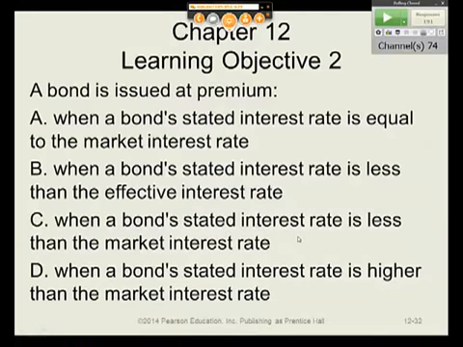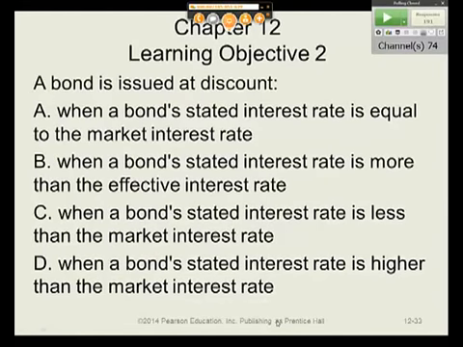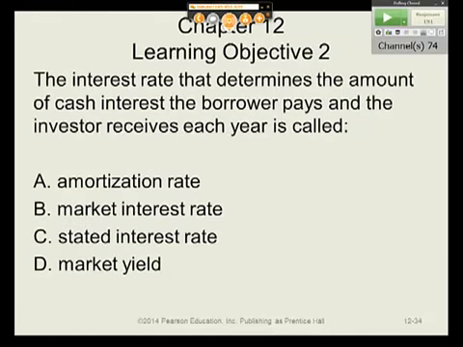Discount, we're not going to do this one. If you got that one right, you're going to get this one right. Stated rate is less than the market, so the answer again would be C in this case. Okay, let's do one more.